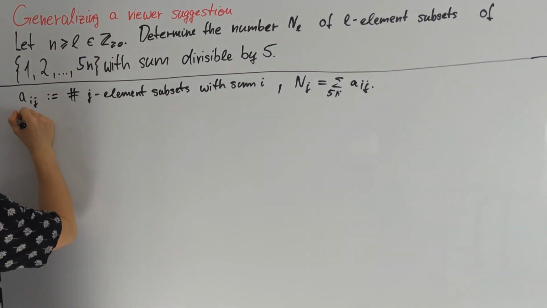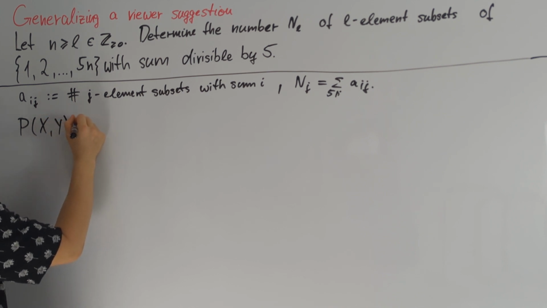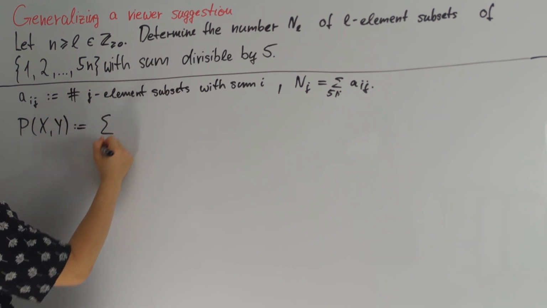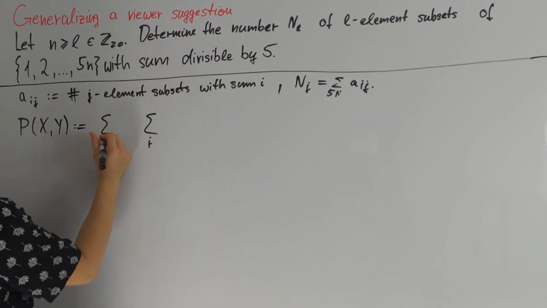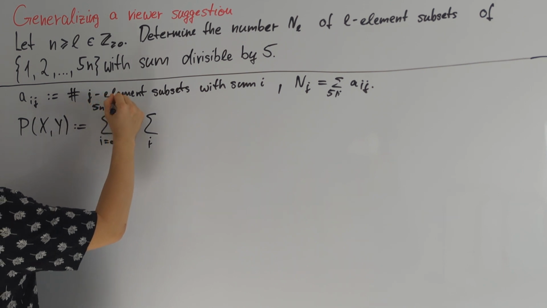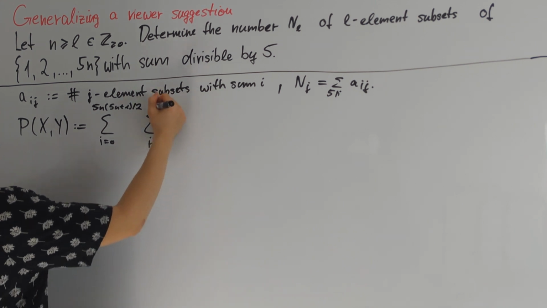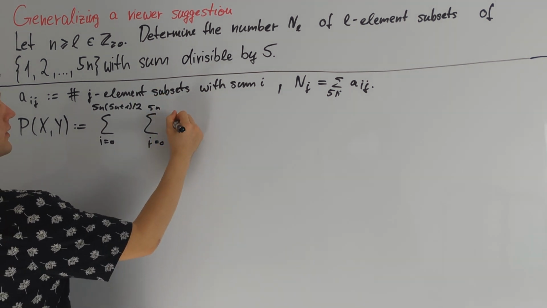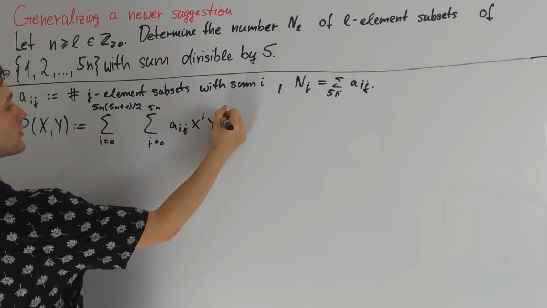We define the polynomial p of x, y in such a way that it is equal to the sum over all possible values of i and j, where i is going from 0 to 5n(5n+1)/2 and j going from 0 to 5n, of a_ij times x to the power of i, y to the power of j.